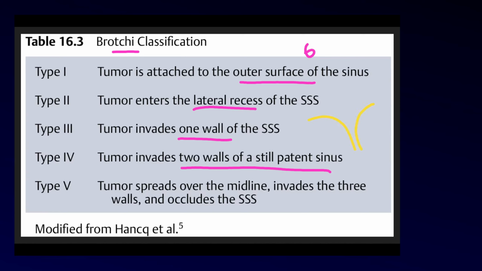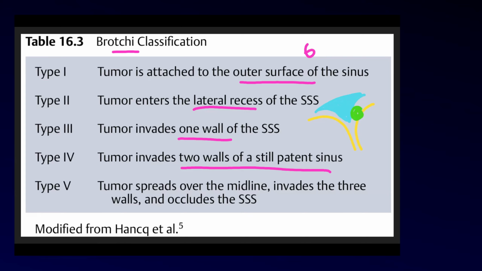We can draw the sinus. The yellow things are the hemispheres. The blue thing is the sinus, which is understood by the color of it. And then we have the lesion, which is growing in, let's say, green. So type 1 is going to be this.